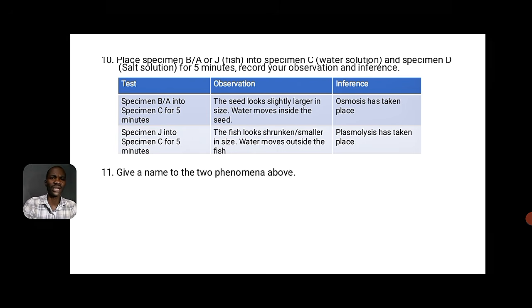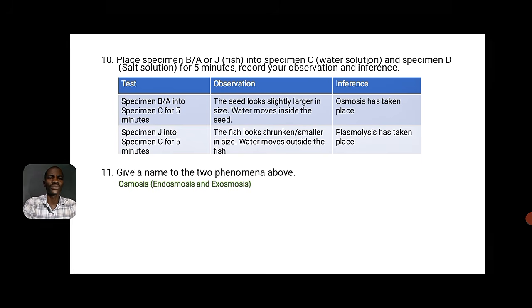Another question is, give a name to the 2 phenomena above. Some of us don't understand the concept of osmosis and diffusion. Diffusion is different from osmosis. In diffusion, it is the solute that moves through the solvent, but in osmosis, it is the solvent that moves through the solute. In this case, it is the movement of water molecules.